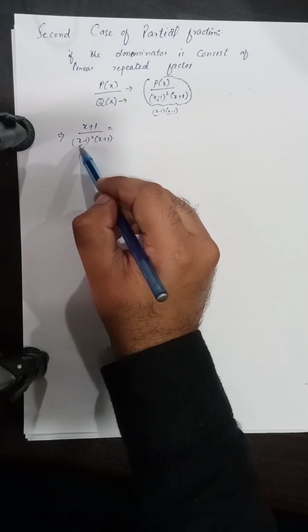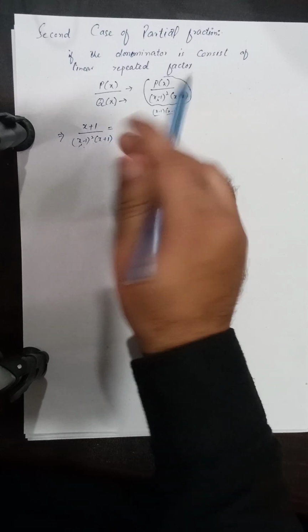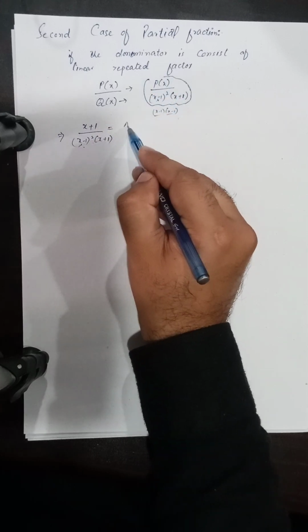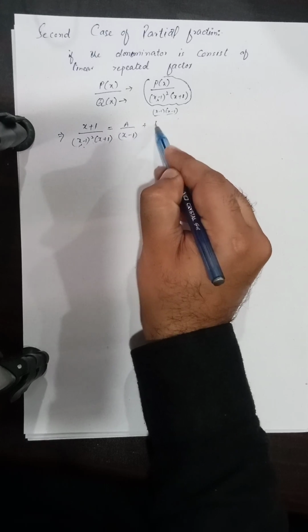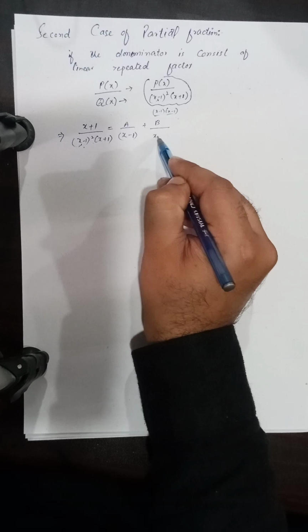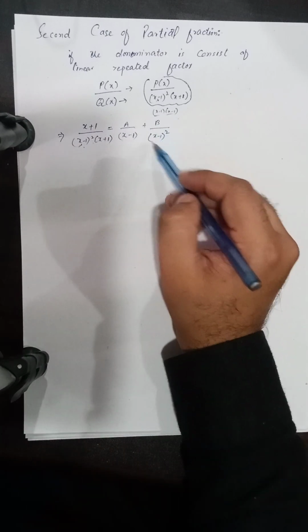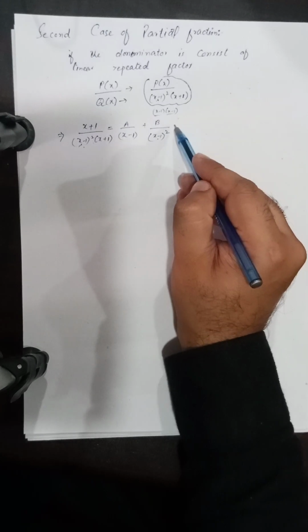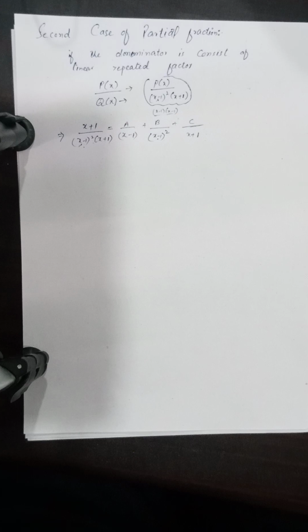If the denominator has a linear repeated factor, then the partial fraction form will be a divided by (x minus 1) plus b divided by (x minus 1) whole square, this point to be noted, plus c divided by (x plus 1).